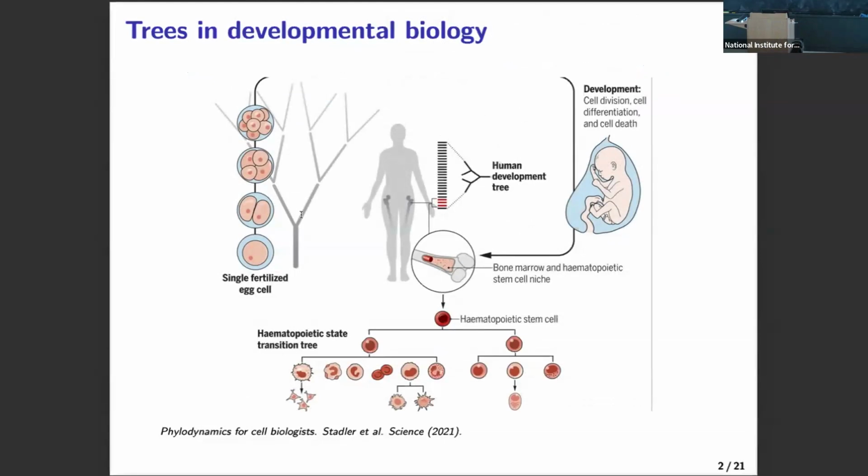So the goal is to take a sample of cells from a single time point, relate them all back to a single progenitor cell. And we are primarily concerned with healthy development here, so healthy tissue and normal healthy development. And the idea is that if we can better understand healthy development, then perhaps we can also eventually better understand developmental diseases. But throughout this talk, I will be focused on healthy development.